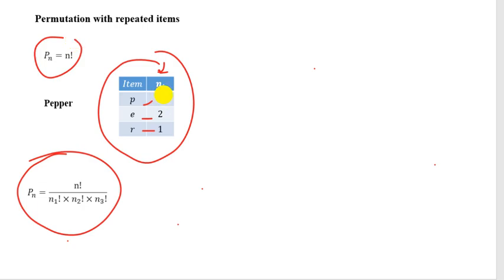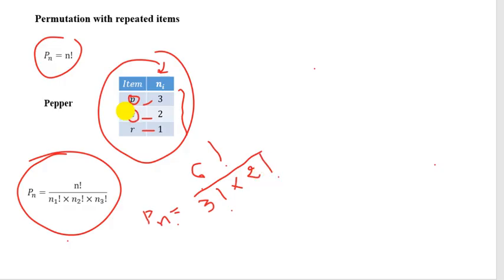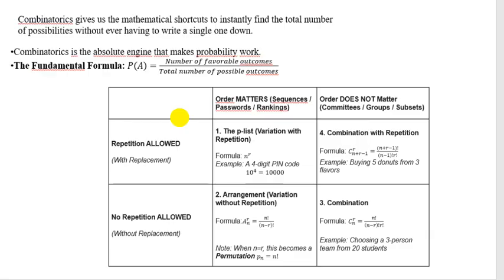So it is 6 factorial, where n is 6, the total, divided by 3 factorial, the repetitions of P, times 2 factorial, the repetitions of E, times 1 factorial for R, which is 1, so no need. This is why we include only those repeated 2 or more times. That's what we call permutation with repeated items.